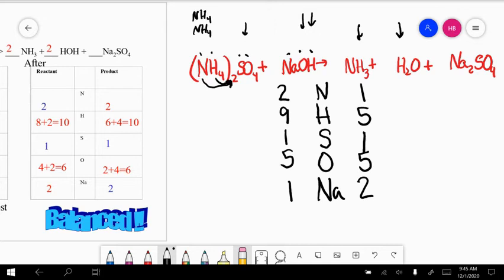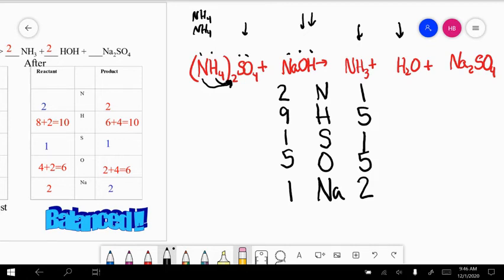Now remember our rules that we really want to leave oxygen and hydrogen for last. So you can start with the largest compound, which is this ammonium sulfate, and let's start to balance. I want to start with nitrogen because I'm going to leave oxygen and hydrogen for last.